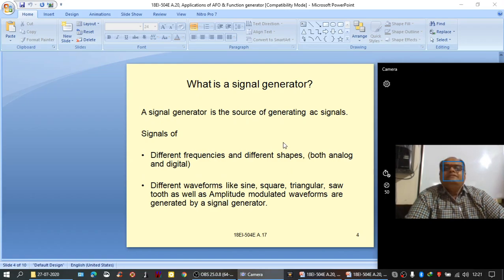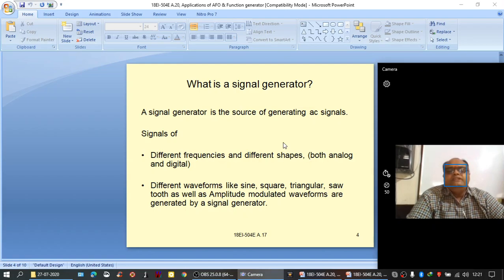Second one is a signal generator. What is a signal generator? A signal generator is the source of generating AC signals, and these AC signals are of different frequencies and different shapes, both in analog as well as digital forms.